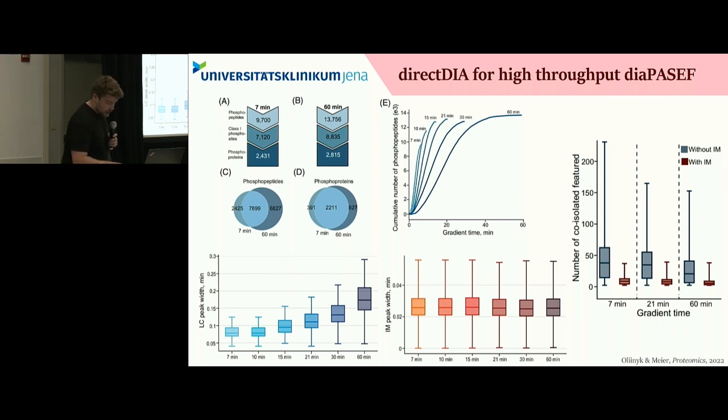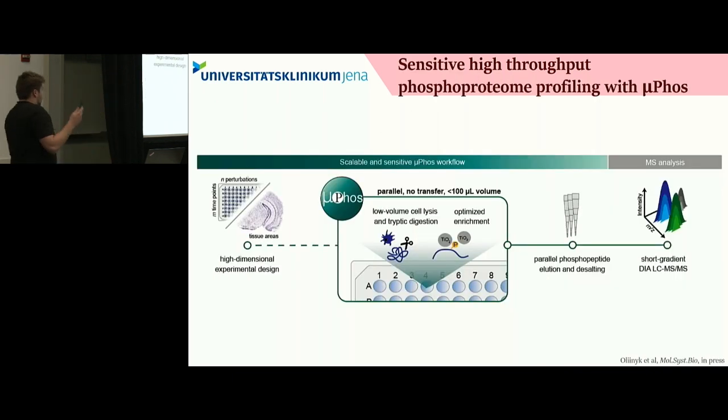So with this in mind, and with help and advice of Sean Humphrey, we created, on the base of the EasyPhos phospho enrichment platform, something that we now call MicroPhos, which we specifically designed and optimized to support the high throughput 96-well plate format from the cell culture, so from cells to phosphopeptides, as we like to say.